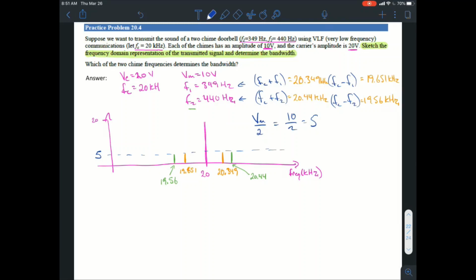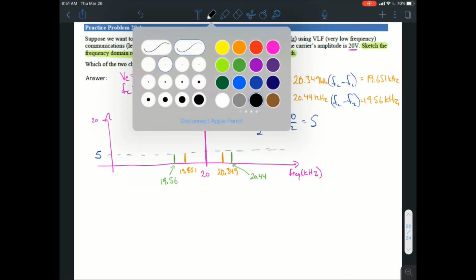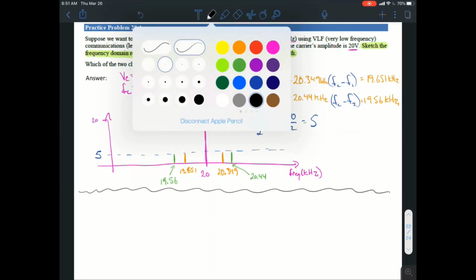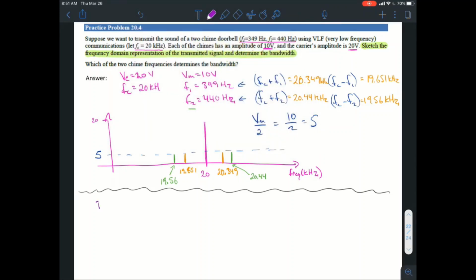So let's move on to calculating the bandwidth of this overall signal. And if you remember, we came up with the equation from before where bandwidth equals 2 times f sub m.